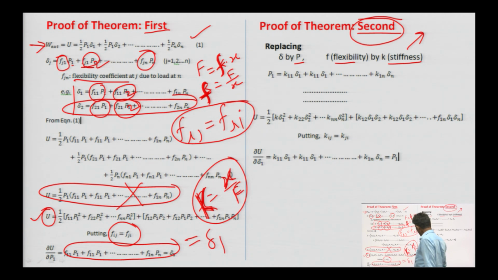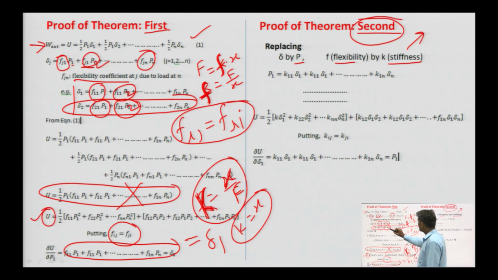So if f is equal to 1, then k is equal to x. What does it mean? Stiffness is the force for unit value of displacement.